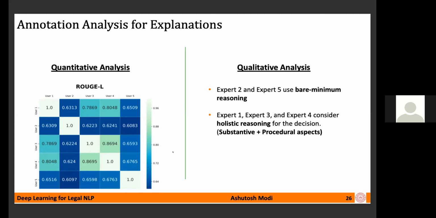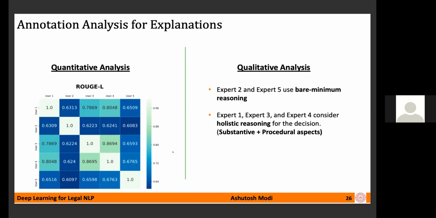By substantive aspects I mean the sections of the law applicable, and procedural aspects are the jurisdictions of the lower court. On the other hand, experts 1, 3, and 4 perform holistic reasoning for the decision. They look at both substantive and procedural aspects of the case. The difference among them is largely due to consideration and non-consideration of the factual sentences.